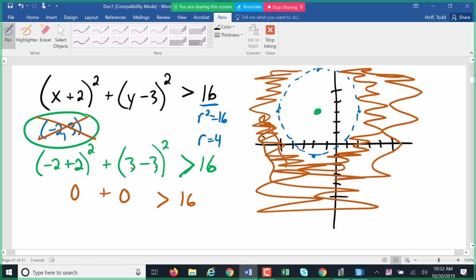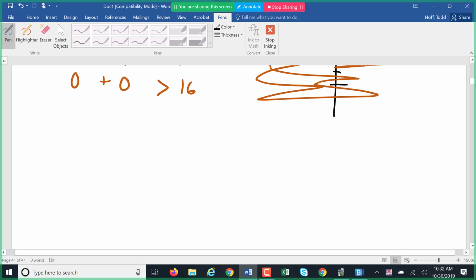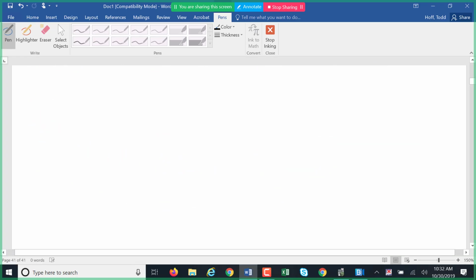So now our next step is we could look at systems of inequalities. We might have 4x minus y less than or equal to 2.